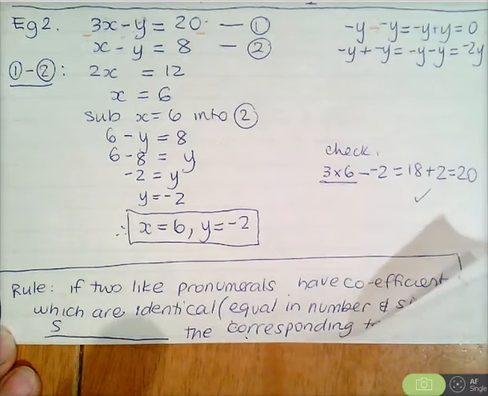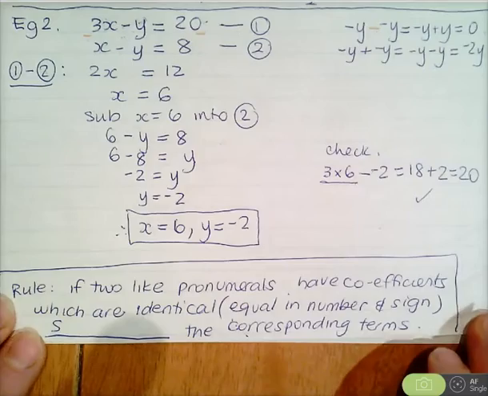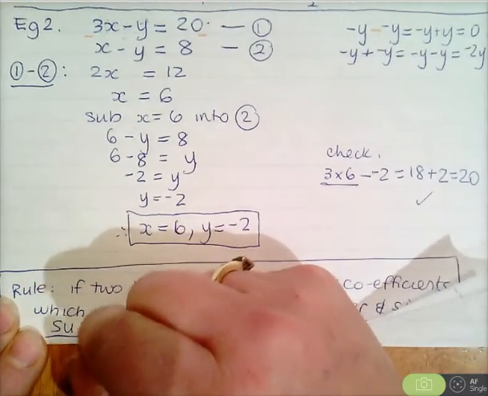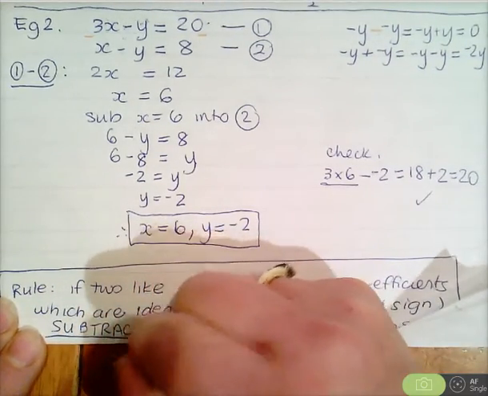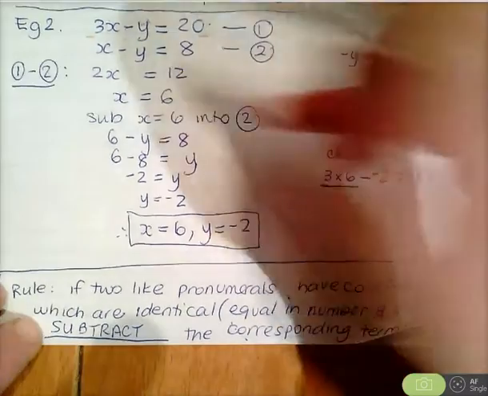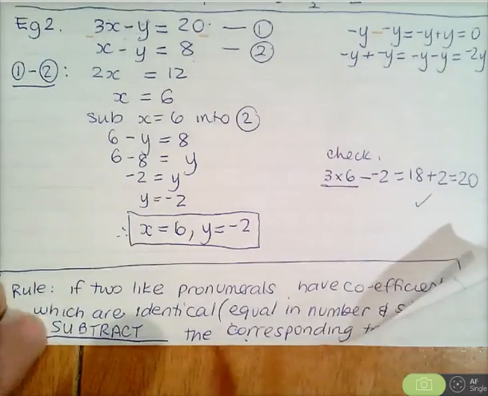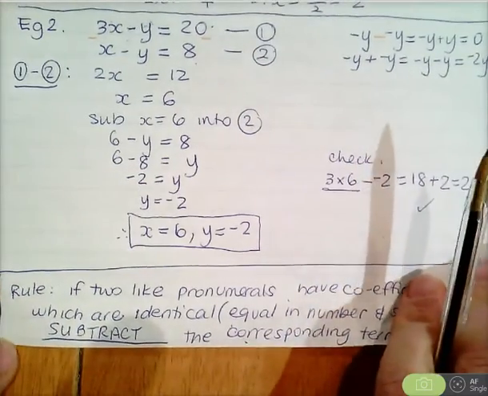So therefore, the rule is if two pronumerals have coefficients which are identical, equal in number and sign, then you will subtract the corresponding terms. What I mean by that is you subtract the x's, you subtract the y's, and you subtract the numbers, okay? All right, we're going to look at a few more examples now.